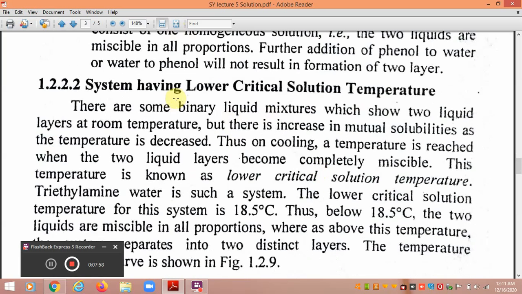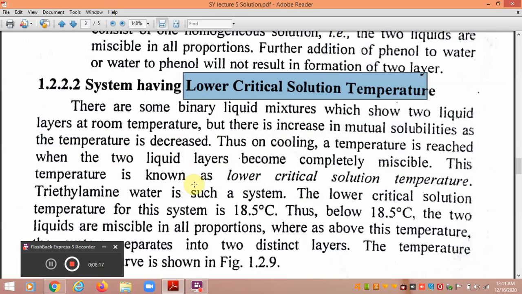Another system which has a lower critical solution temperature, and the example is the triethylamine water system. In this case the solubility or miscibility increases with decreasing temperature.